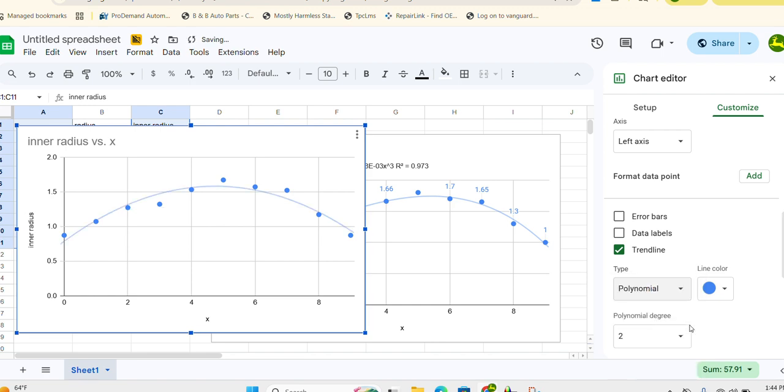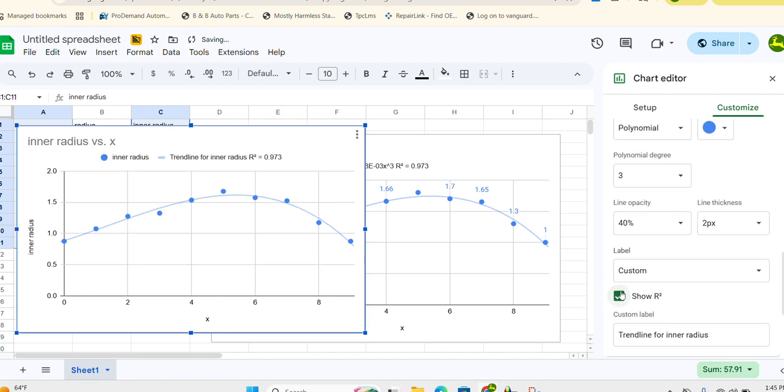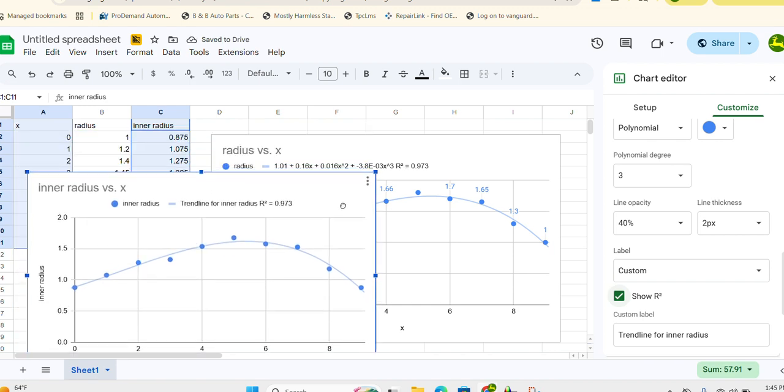So I'm going to go polynomial, third degree. It should be very similar to the last one. In fact, it should be exactly the same as the last one, except for the y-intercept. And if you look, it sure looks pretty similar.